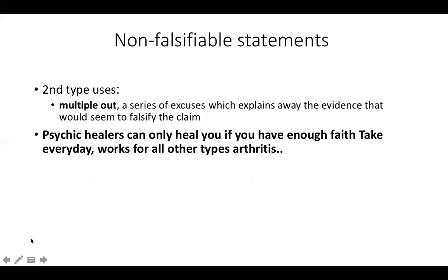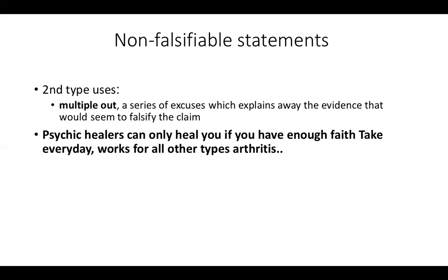So the second type of non-falsifiable statements is what we call multiple outs. Multiple outs means people use a series of excuses which explain away the evidence that would seem to falsify the claim. For example, if someone went to a psychic healer and said, I want a treatment for my arthritis, and the healer gave that kind of treatment.